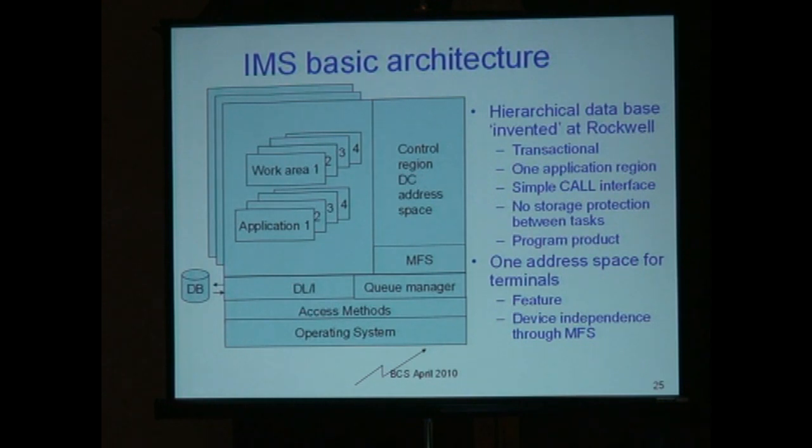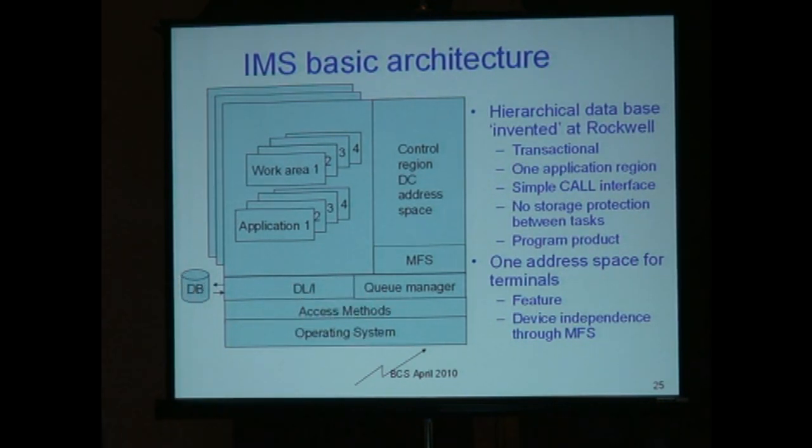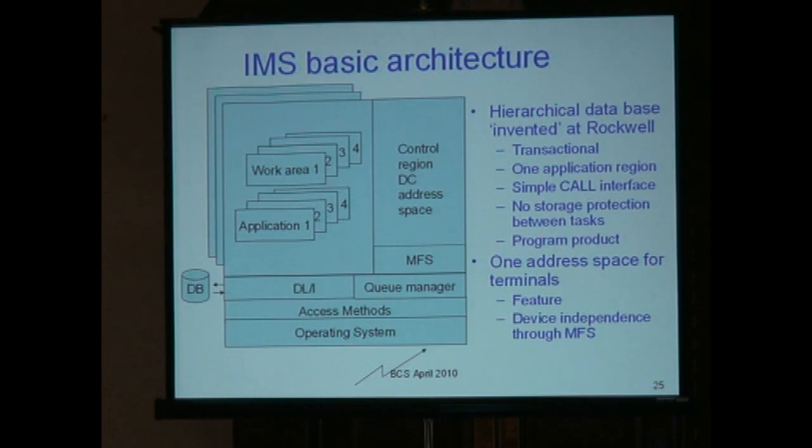And it had, yet again, a device independence, which was similar but completely different to BMS, called MFS. Same ideas coming up, but different architectures in the machine. And at that time, they had more data integrity than we did, because with CICS at that time, the programmer wrote his own recovery, whereas IMS had it built in.